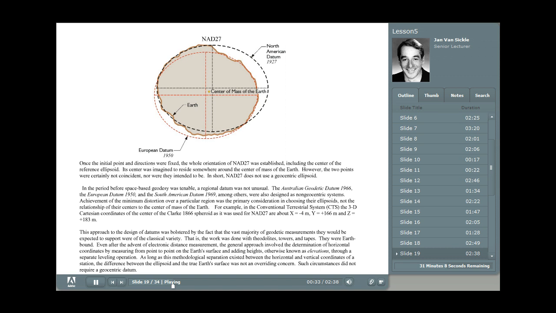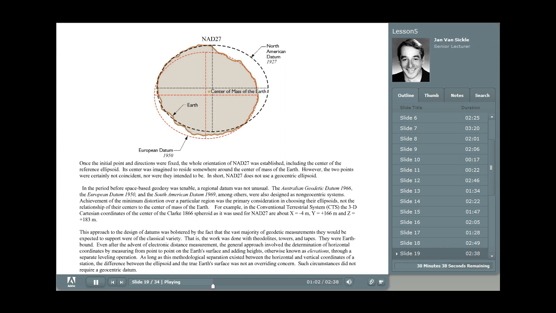The fact that the North American Datum 1927, using the Clark 1866 ellipsoid, also known as a spheroid, matched well with North America was enough. Whether or not it was geocentric was of little or no concern. This was, of course, before space-based geodesy was possible.